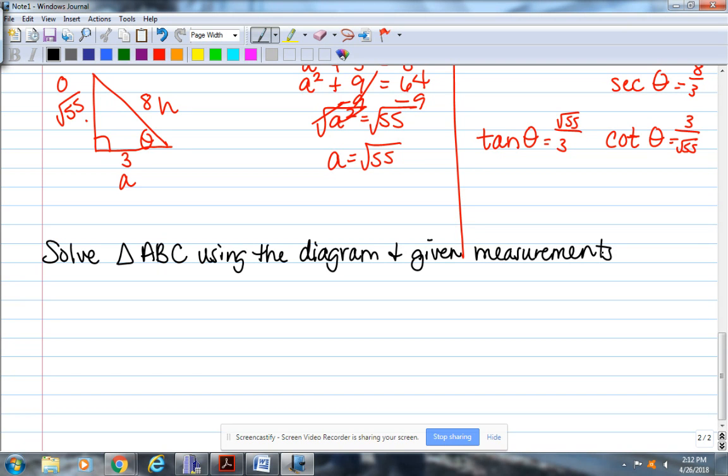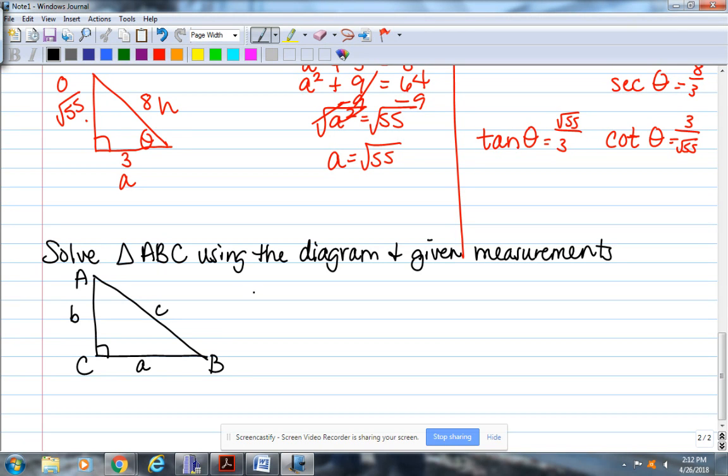So here's my diagram. Here's triangle ABC. It's generic. Here's A. C is always the right angle. There's B. So the one across from big A is little a, the one across from big B is little b, and big C is little c.